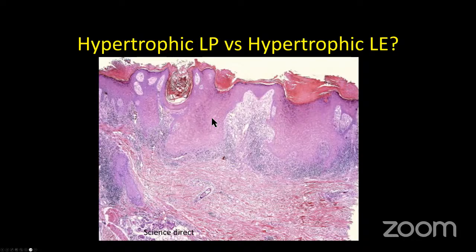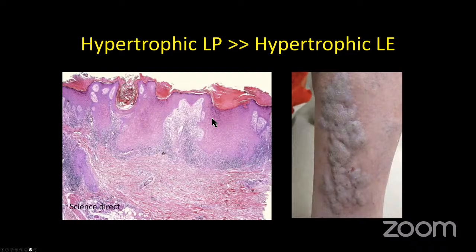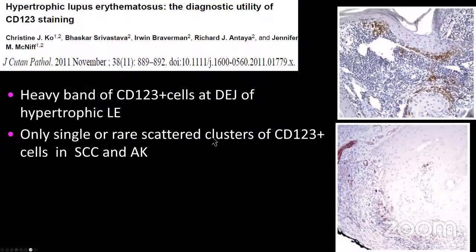Hypertrophic lichen planus and lupus erythematosus can sometimes look similar under the microscope. But again, the rough sandpaper-like, volcanic rock-like plaques on the legs are going to be lichen planus.